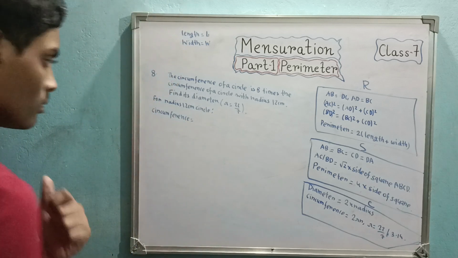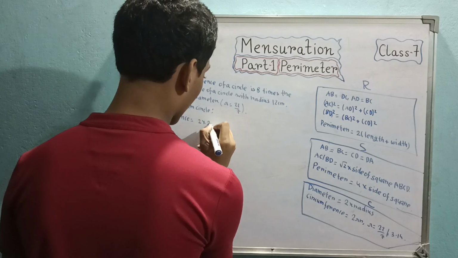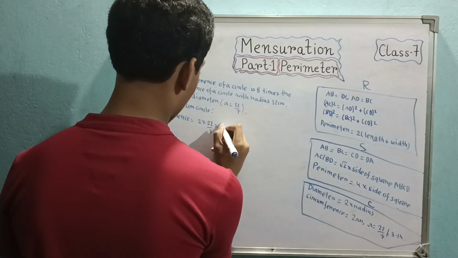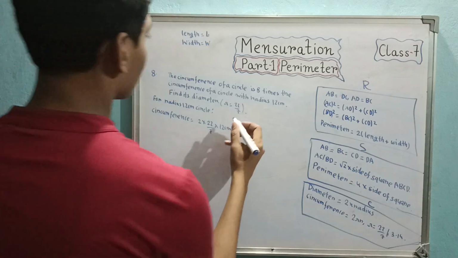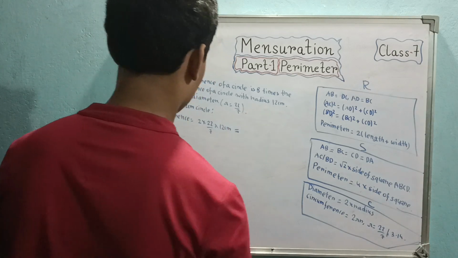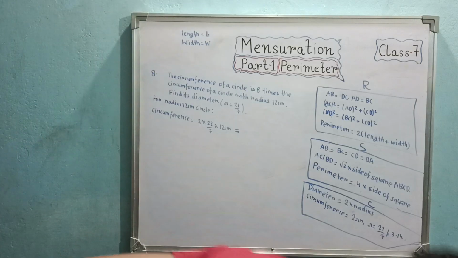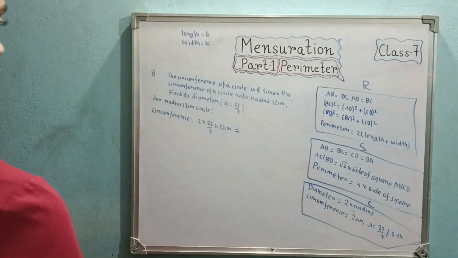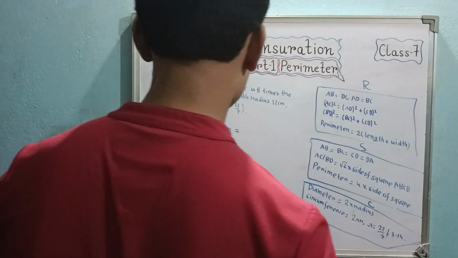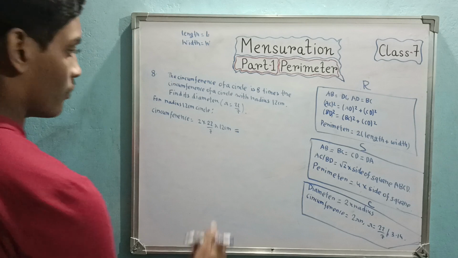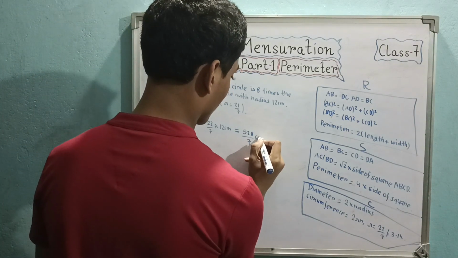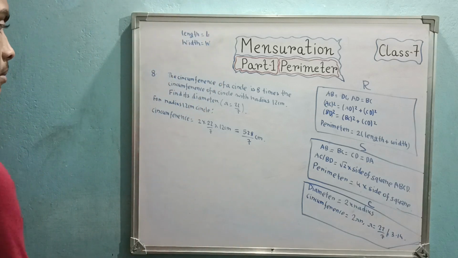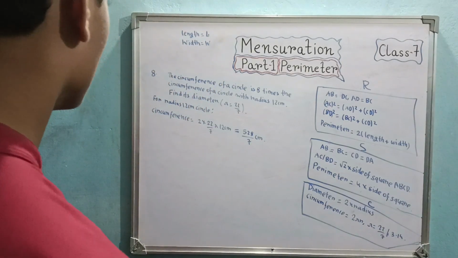Pi is 22 by 7. So 2 into 22 by 7 into r, or 12 centimeter. And this turns out to be equal to, okay, 2 into 22 is 44, into 12, it is 528, 528 by 7 centimeter. A little bit fractional number, but consider it is according to the question only.